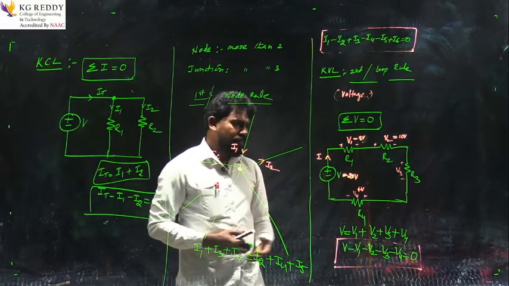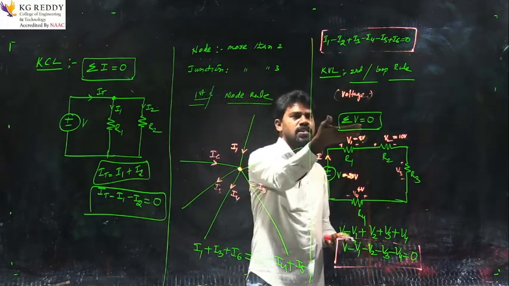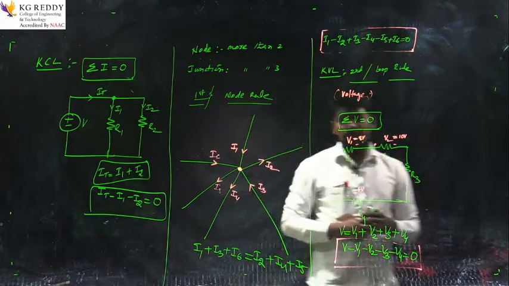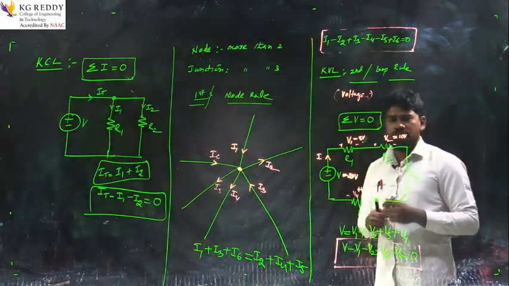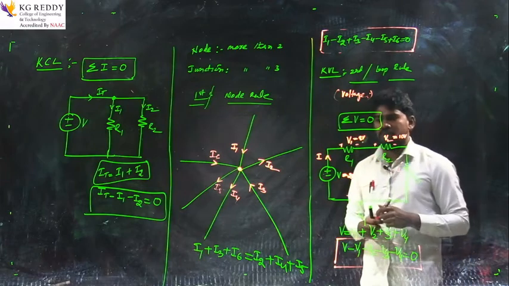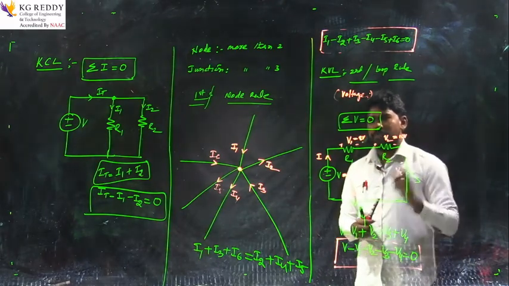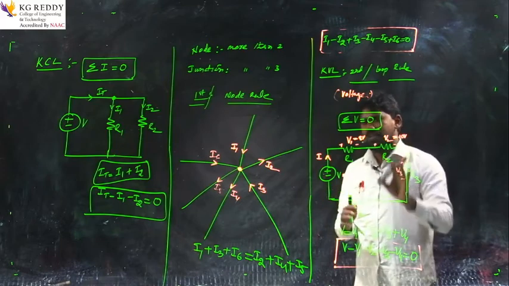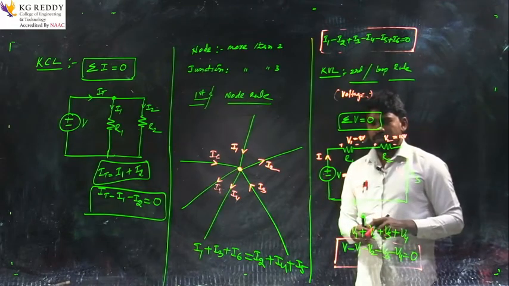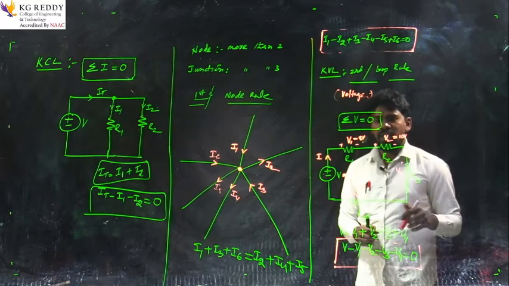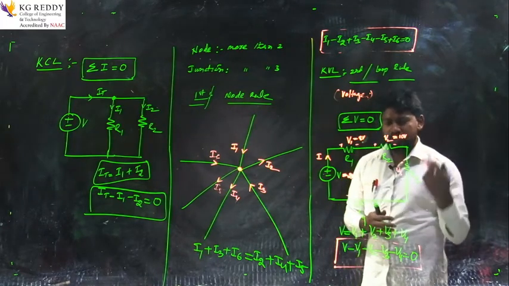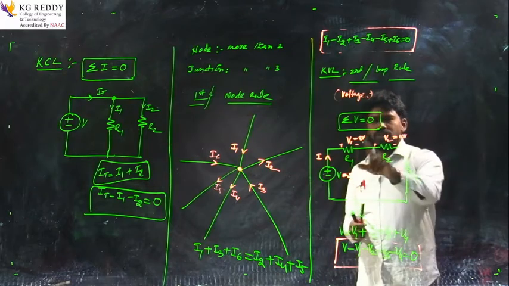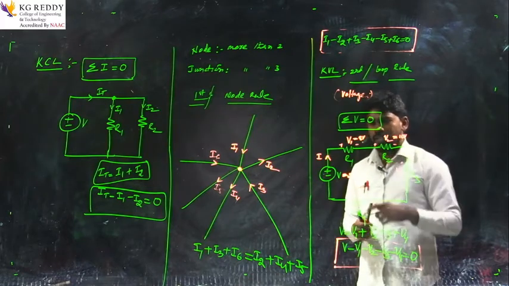What does Kirchhoff's voltage law say? First, keep in mind that the algebraic sum of voltages around the loop is equal to 0. Second, identify how many voltages are there in the circuit. See here: 1, 2, 3, 4, 5. 5 voltages are there.